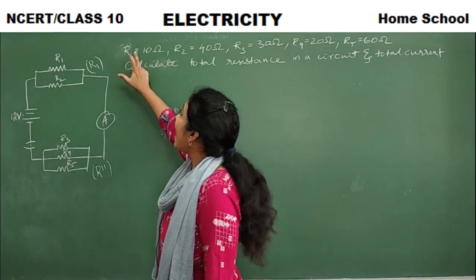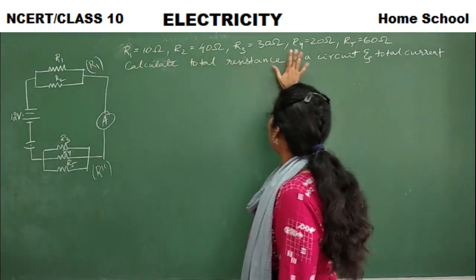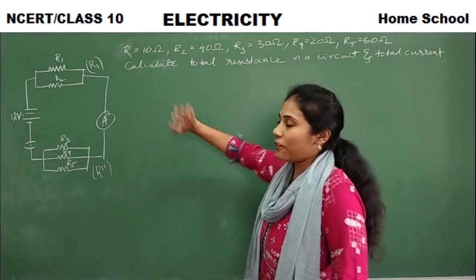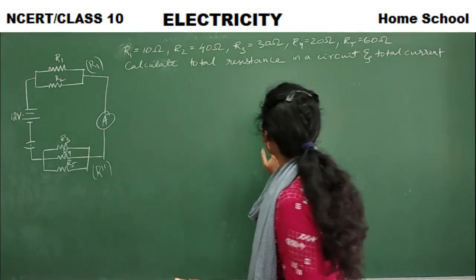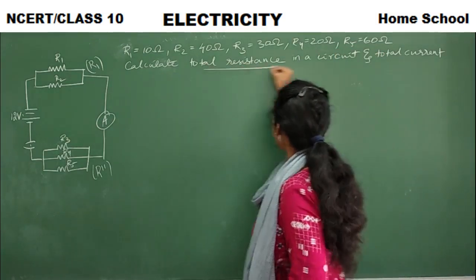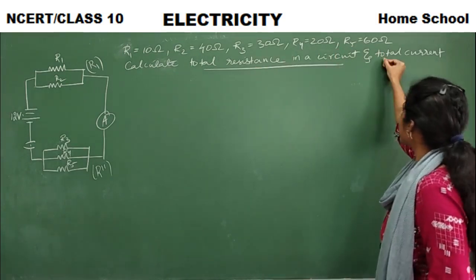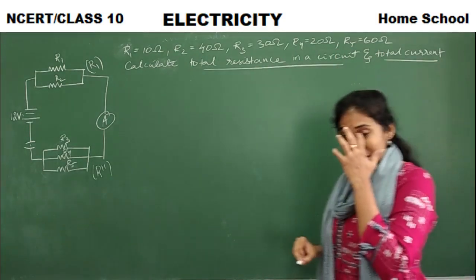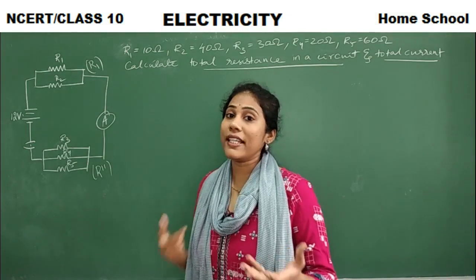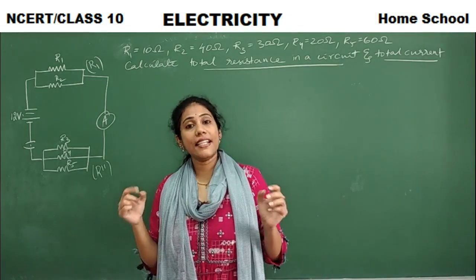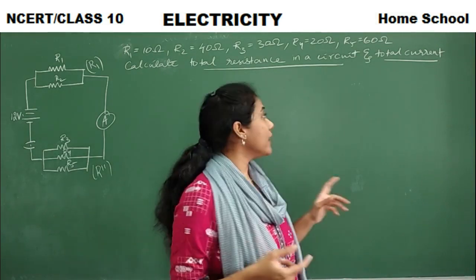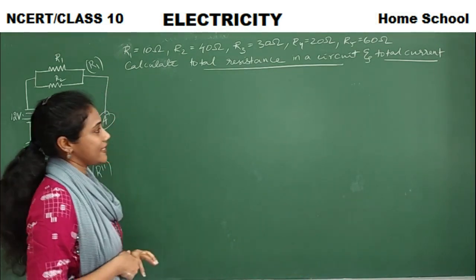R1, R2, R3, R4, R5 values have been given. What they are asking you to calculate is total resistance in the circuit as well as total current. Once you know total resistance, you can calculate total current, isn't it? So first, let us concentrate on how to calculate total resistance.